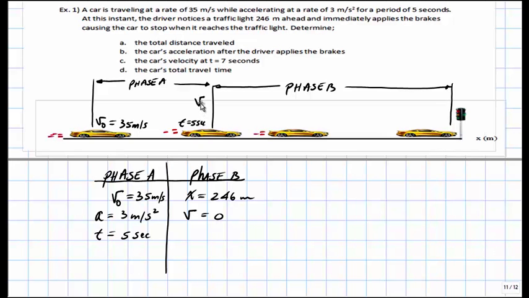And we'll also note that this same velocity at t equals 5 becomes the initial velocity once the car travels within phase B. So at 5 seconds, v final in phase A becomes v initial in phase B, and we will note that. So v final here equals v initial in phase B. So this is phase B, of course, and this is phase A.